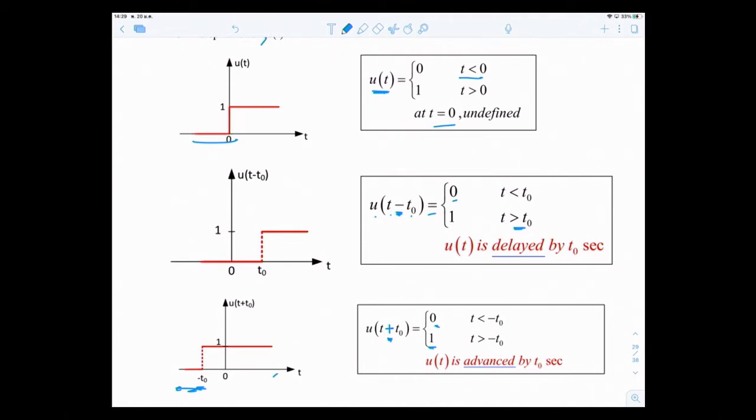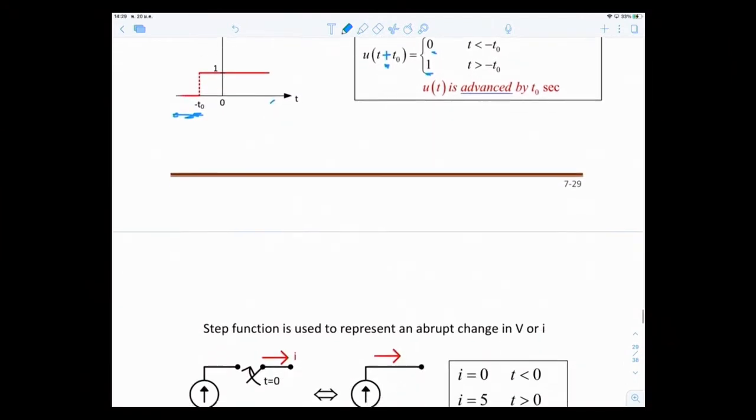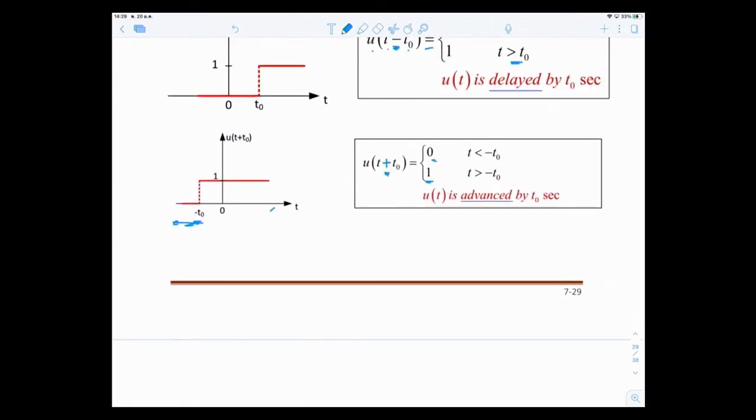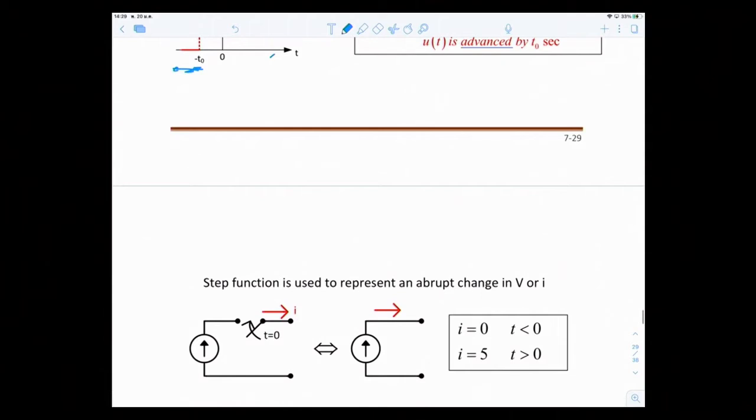Okay, before I go on, why do we need it? What does it mean that it represents the switching? For example, if you have a current source with a switch that closes at t equal to 0, and this is 5 amps.